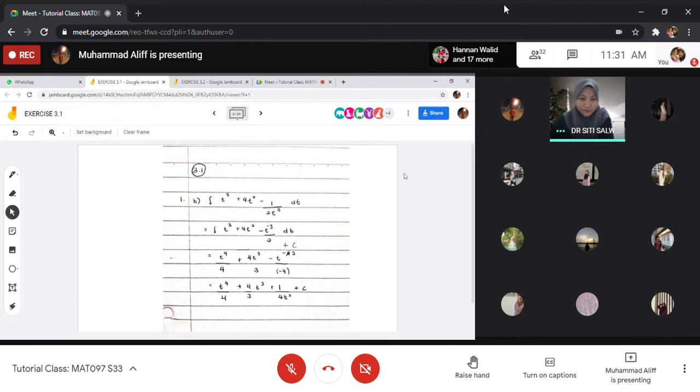For the third term you will get 1 over 4, and t to the power of negative 2 you bring back to the denominator. So did you get it? Same, class? This is 3.1b? Same. Okay, next.